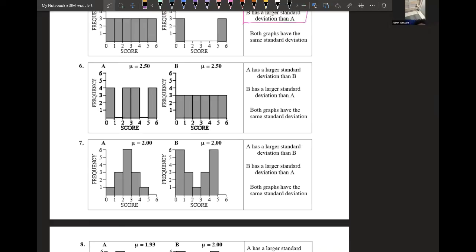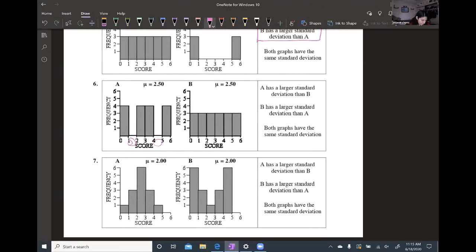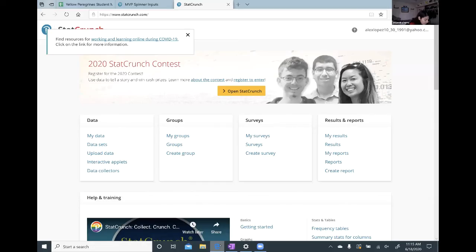I think it's both. I think it should be A because we have gaps in here. So gaps usually make our standard deviation bigger. Okay, let me just check the answer key so that we know for sure.